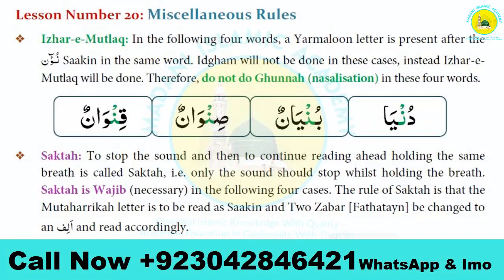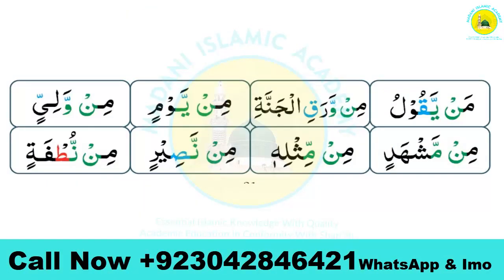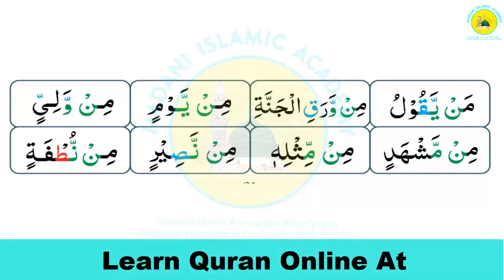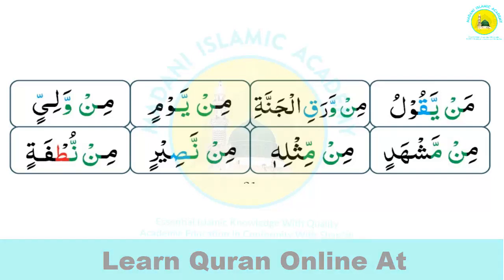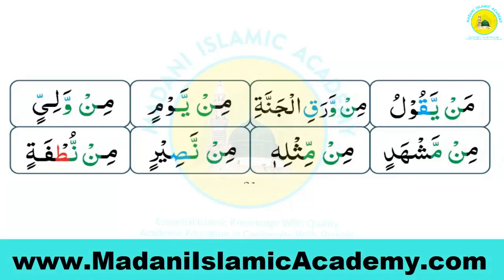Now if you look at your screen now, these were all the rules of idgham that we learned. You see them on the screen now. So now if you look at it, after noon sakin, the letter ra appears. So ra is going to be idgham but without gunna. If you look at this, after the tanween, the ya appears but in the next word.